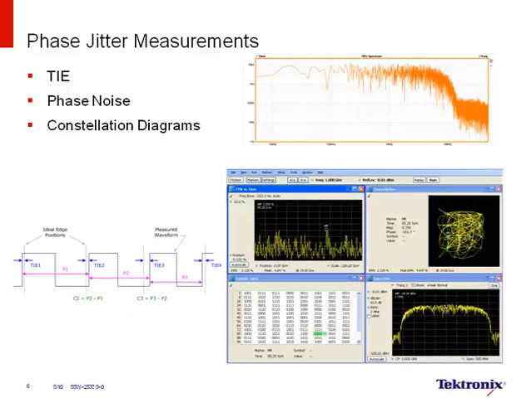If you make a TJ BER measurement at the transmitter to correlate it to the transmitter PHY, these are things you must set up. Number one, you must try to make sure that your clock recovery is as similar as possible to the receiver silicon. We talked about this earlier.